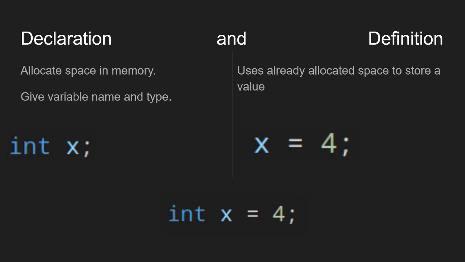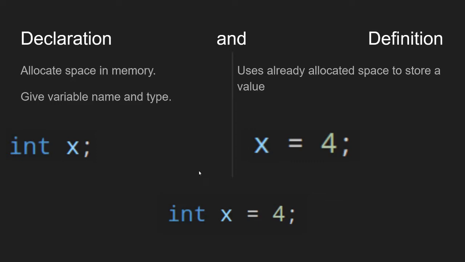There's the declaration, which sets aside a space in memory for whatever the variable contains, and gives it a name and type. So in this case on the left, we're declaring a variable named x with type int. It's important to give it the type so that C++ knows how much space in memory to give it. In the case of int, I think it's 8 bytes or something like that.